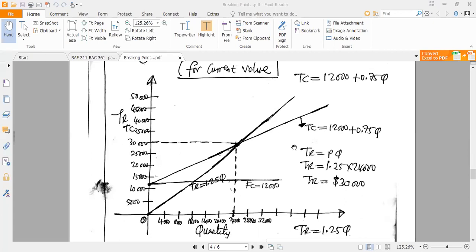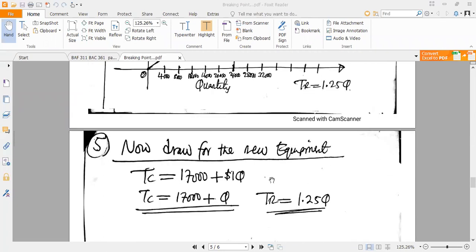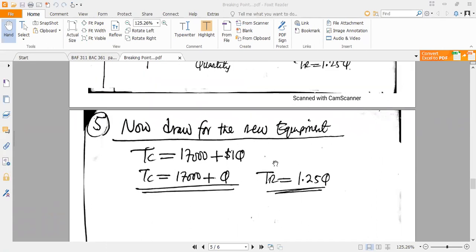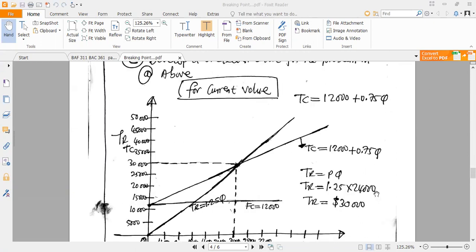I want us to quickly move to the other one. So now draw for the new equipment. Using this information, we're supposed to graph the break-even chart like the one from the current volume, where we had the total cost and the total revenue.